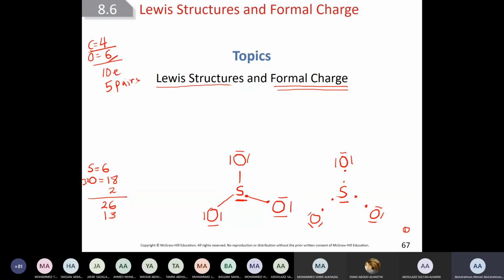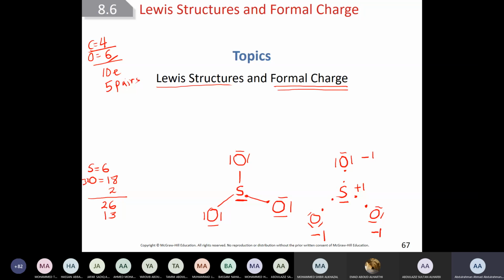So what I did actually is I took away all the bonds, I made them in another way. And then what's the most important thing? I will write this one now. What's the charge here? This is -1, this is -1, this is -1, and this is +1.